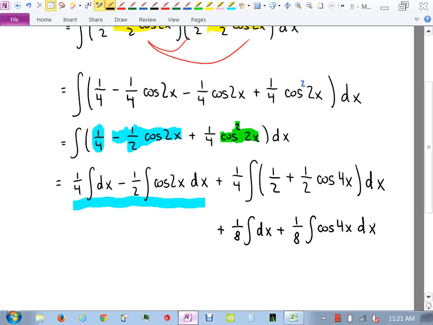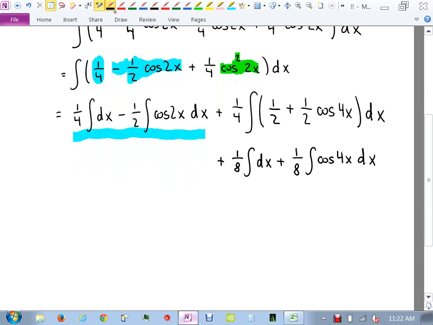So I took that expression in the parentheses, I split it into two, and distributed the 1/4 through both. And I think we're ready for antiderivatives now. Here I go. What's the antiderivative of that first integral here? 1/4 x.